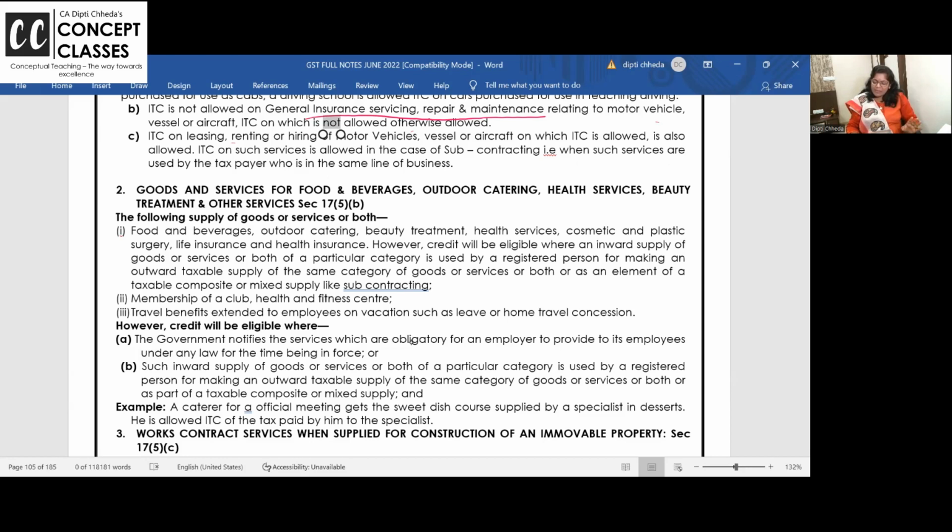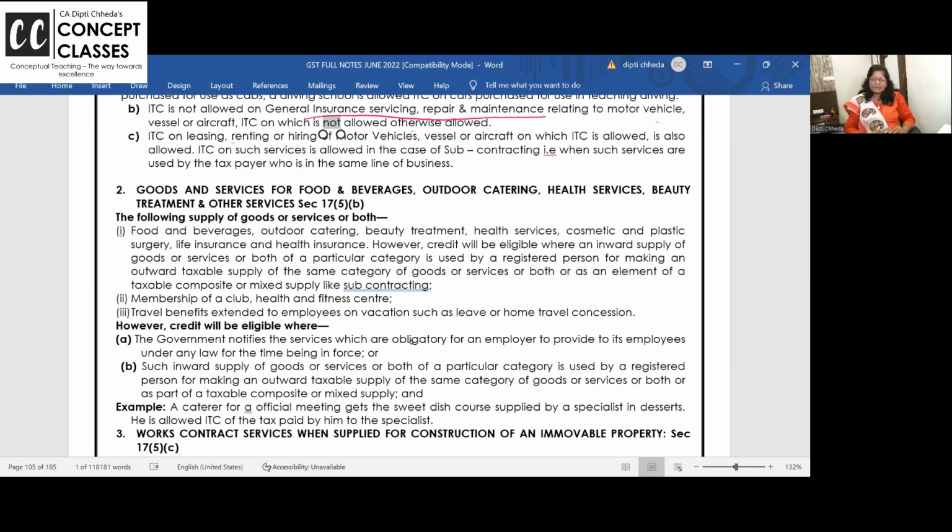However, credit will be allowed when inward supply of goods or services or both of a particular category is used by a registered person for making an outward taxable supply of same category of goods or service, or both, or as an element of taxable composite or mixed supply.